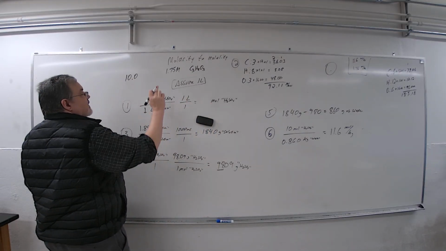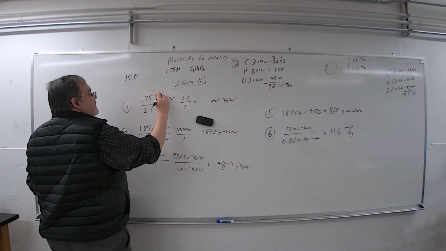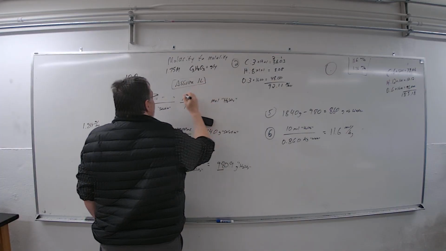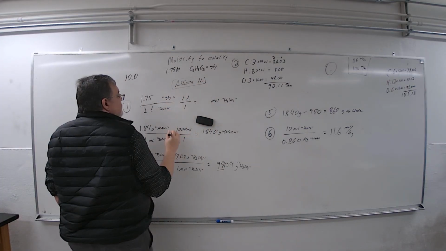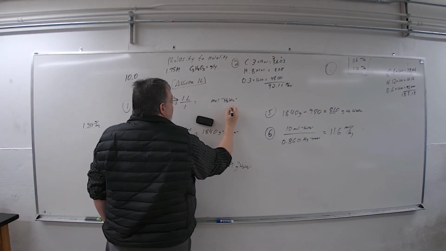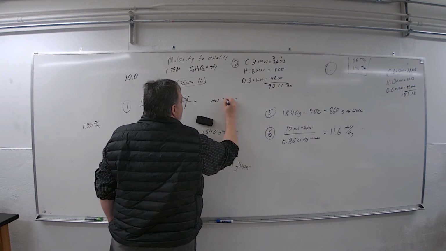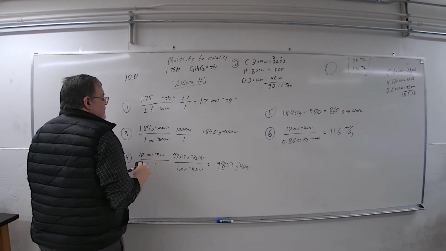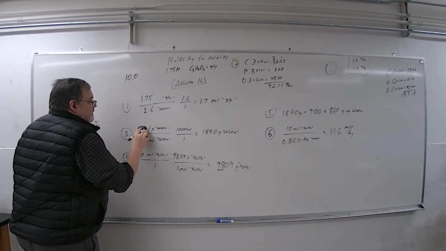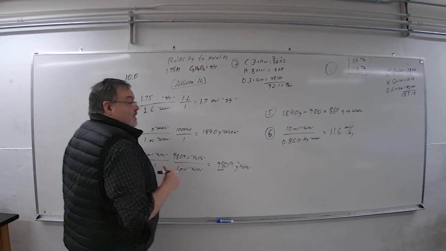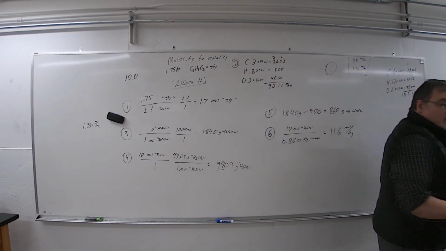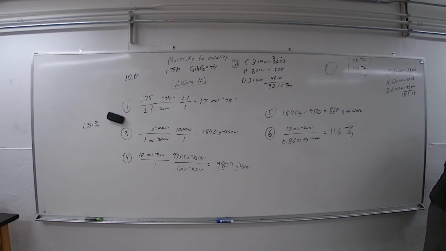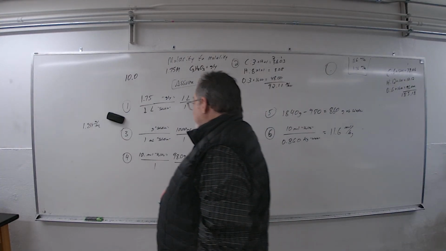Assuming we have 1 liter, if it's 1.75, let's say glycerin, we have 1.75 moles of glycerin. Density of the solution is 1.45 grams per milliliter.